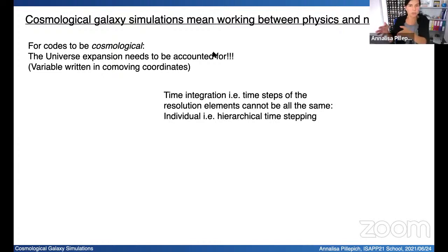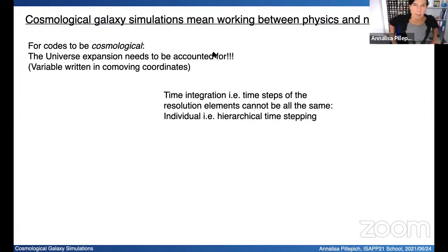But you don't want to do the numerical calculations as many times in a void as in the center of a cluster. Because in a void, the density is very low and things change very slowly, while at the center of a cluster of galaxies, things change much faster. So to get good accuracy, you have to solve your equations much more frequently.